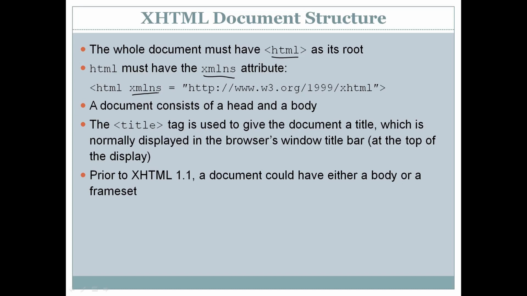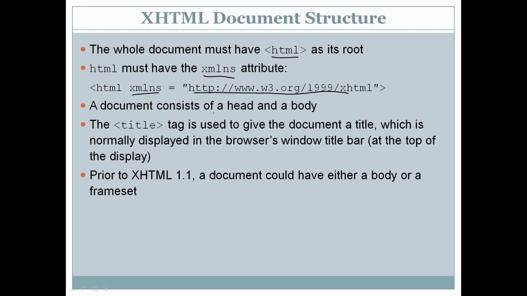It simply specifies the tag sets which can be used in a document. So here the XML namespace which is specified looks like a URL, and this contains the tag set which can be used in the document. So every XHTML document should have an XML namespace.